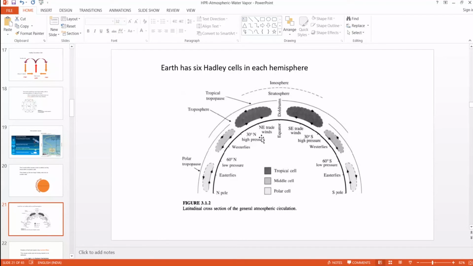You can see that this is the equator, and this is the poles. The Hadley cycle near the equator is called the tropical Hadley cycle, whereas the one near the pole is called the polar cell, and in between there is one more cell.